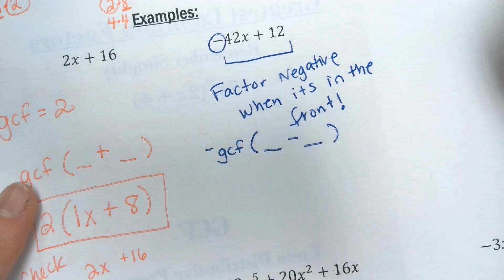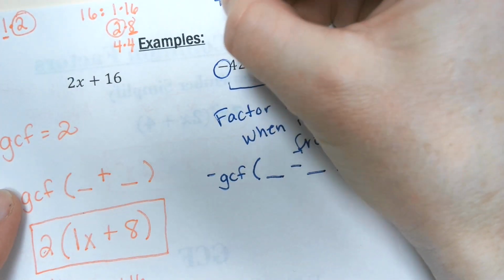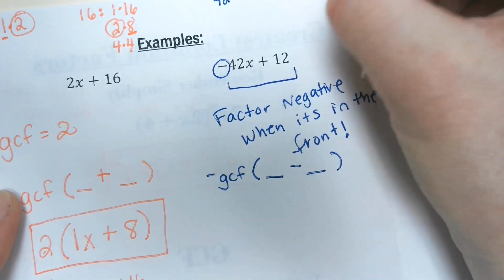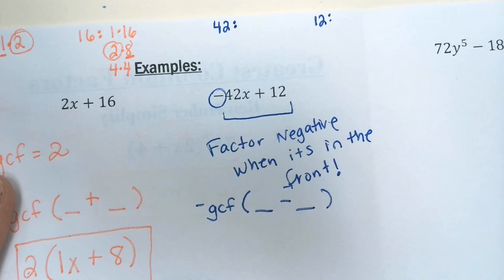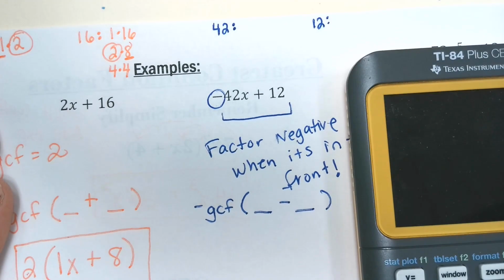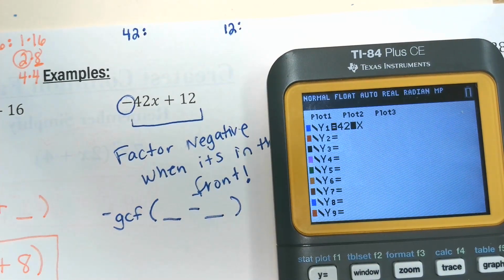All right, so now we can start with what our GCF is of 42 and 12. So go ahead and write 42 and write 12. So go through the steps on your calculator of getting those factors. So go to y equals, put in 42 divided by x.